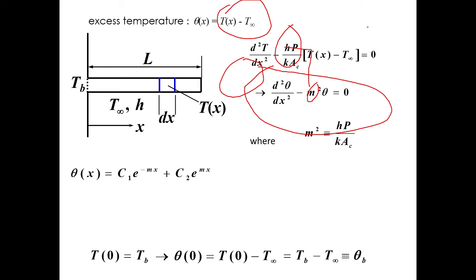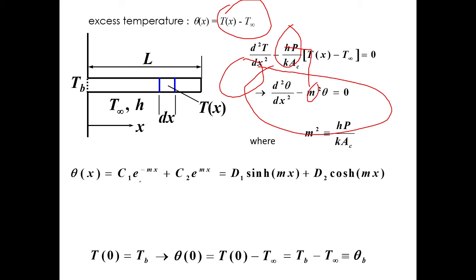That is differential equations of second degree and third degree and many types of differential equations. After solving that equation, we get θ(x) equals C1 e raised to the power minus mx plus C2 e raised to the power mx. Here m² equals hP upon kAc, as we have already discussed. So D1 sinh mx plus D2 cosh mx.